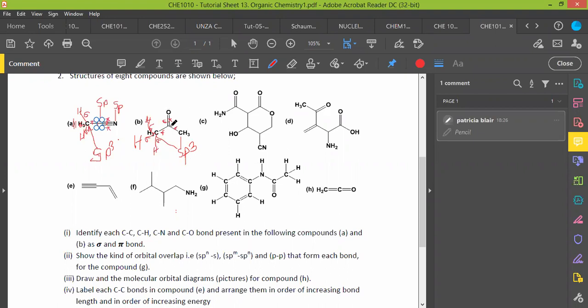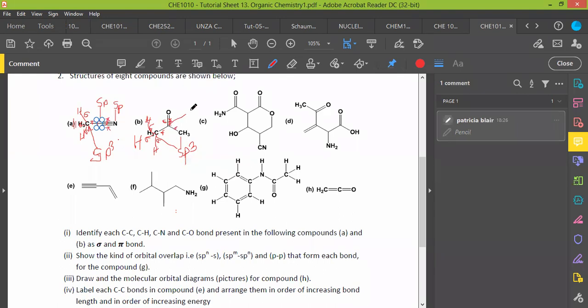From there, you come to this carbon here. Check this carbon. What does it have? It has 3 sigma bonds, 1, 2, 3, and 1 pi bond, meaning sp2. sp2, 1 s and 2 p orbitals combining to form a hybrid, and that hybrid is able to form 3 sigma bonds.